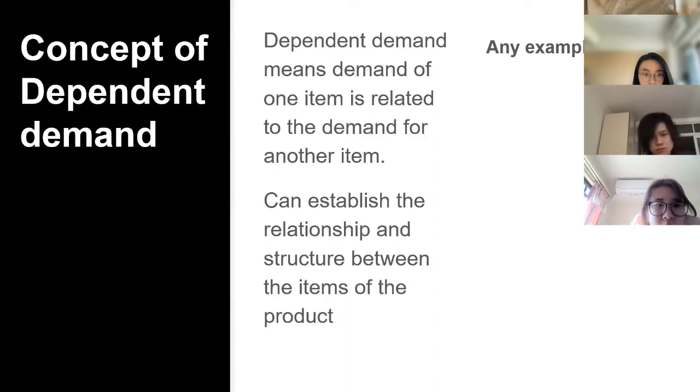Yule, any example that you can think of? Just give me one example. Don't worry. Can you think of one example of an item which has a dependent demand? Then you need to do the planning differently. Anyone?